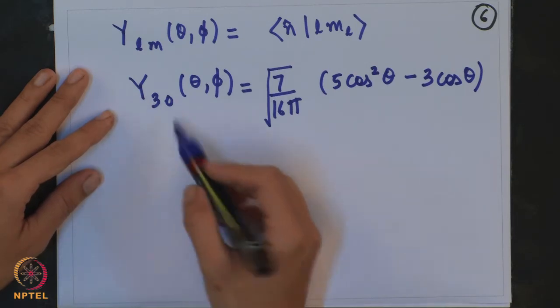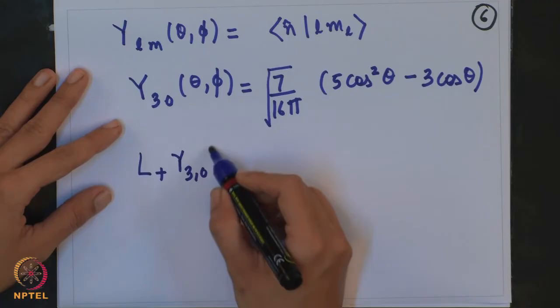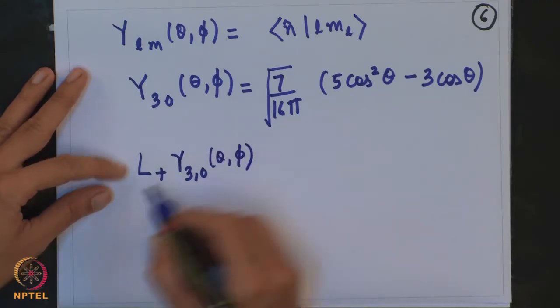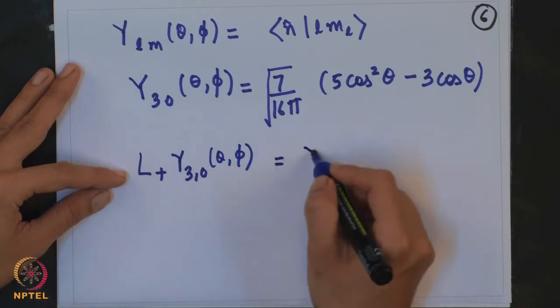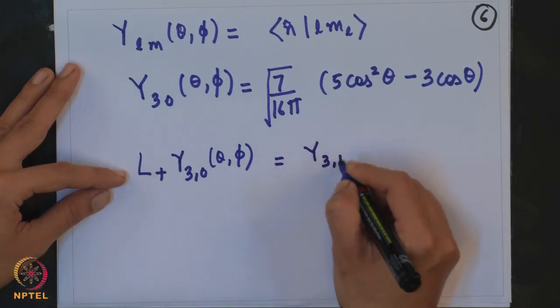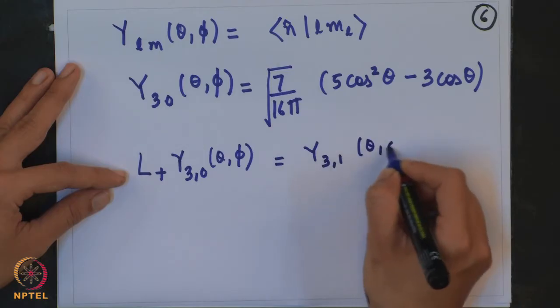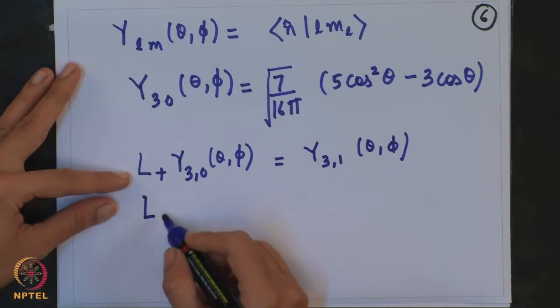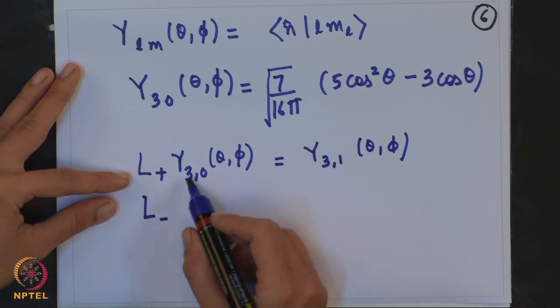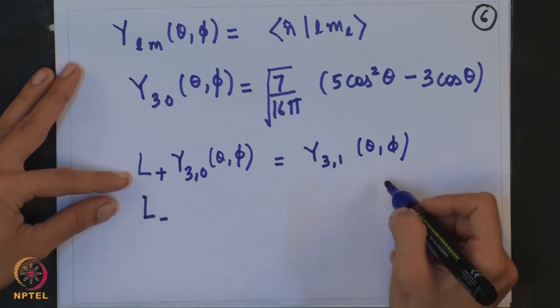So if I want to go from y30 to y31, I operate with L plus. Similarly, if I go from y30 to y3 minus 1, I use L minus.